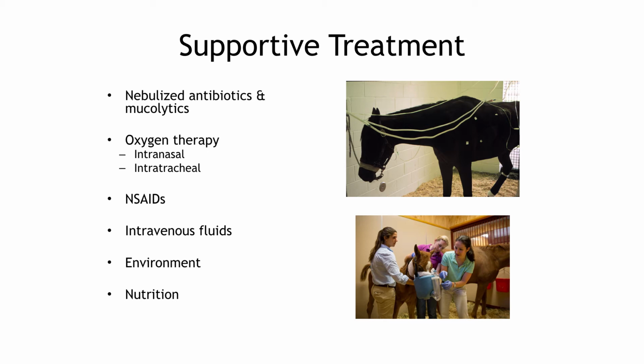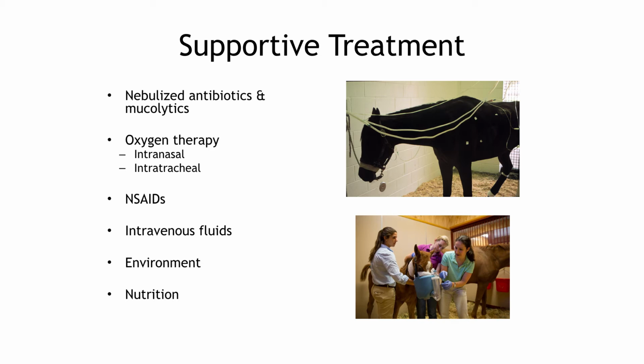Oxygen therapy is essential if their lungs are compromised enough that they're not getting adequate oxygen to their body. That top picture is just our oxygen tubing. We use an intranasal catheter to give them oxygen. NSAIDs help control the fevers, and fluids too. A lot of times these foals aren't nursing well. They're spending all their time breathing and not nursing.